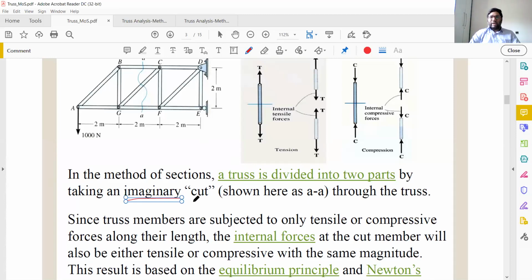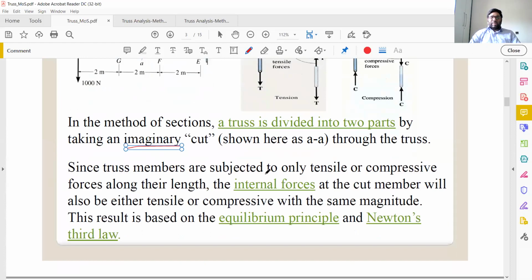It's not in reality, it's an imaginary cut. Since the truss members are subjected to only either tensile or compressive forces, the internal forces at the cut member will also be the same. This result is based on the equilibrium principle and Newton's third law.